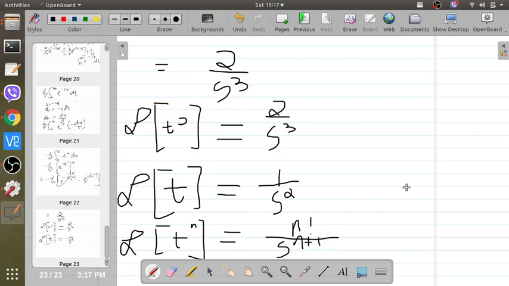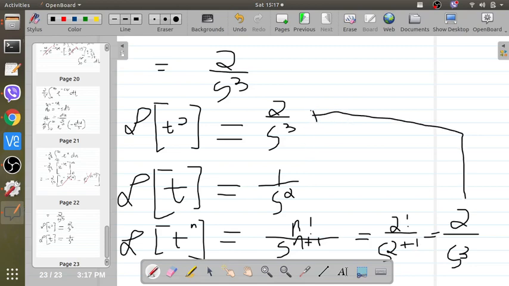So, for example, let's prove this. If t squared, the value of n is 2. So 2 factorial over s raised to the power of 2 plus 1. So, 2 times 1 is 2 over s cubed, which is the same result.